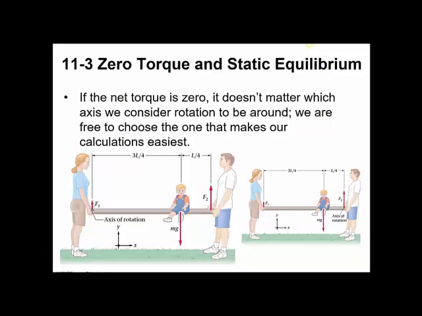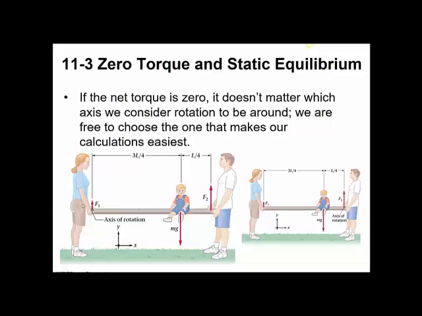So let's just take an example here of this little kid, okay? Let's say that this lady is holding this, and you've got a little kid that's pushing down on the board, and you've got a father who's pulling up on the board. So the radius of rotation is the distance between the axis and the person sitting or the person pulling.